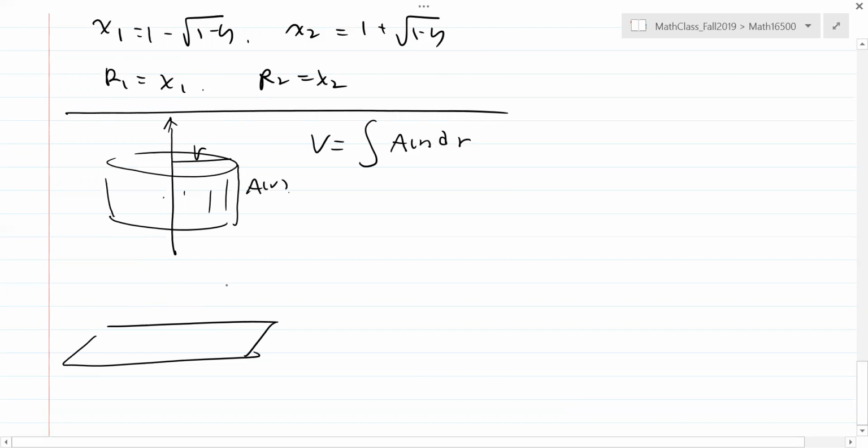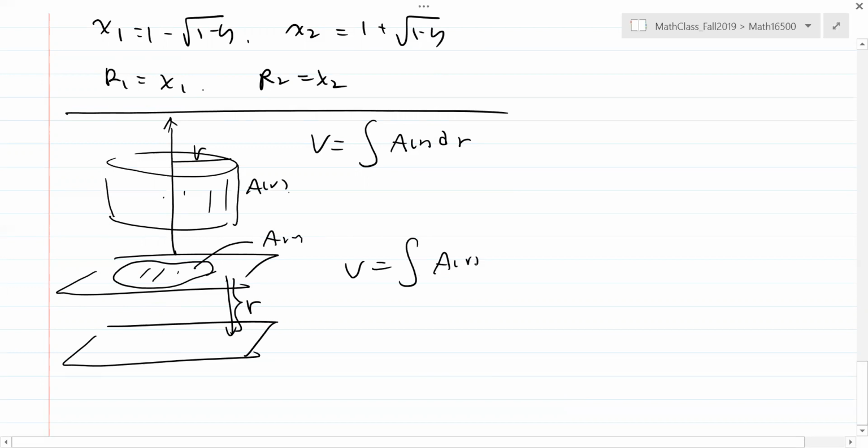But you can also consider the distance function to the plane. Then you have a cross section here. If this is A(r), then the volume is going to be the integral of A(r) dr. It's the same. These are two typical formulas. So you get a disk when you cut this.